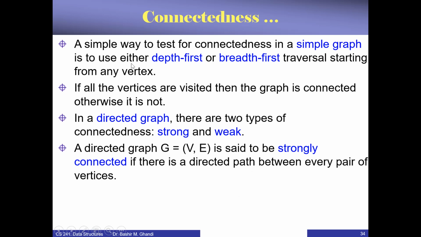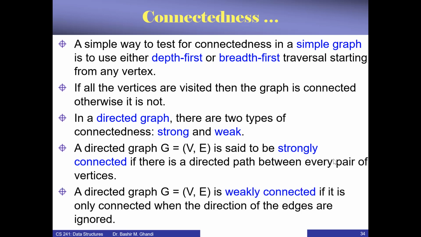So very similar to connectedness in a simple graph. If you start from any vertex, this time following the arrow, so that's what is meant by directed path. Directed path is a path in which you follow the arrow as it is drawn in the graph. So following the arrows, we can reach from any one vertex to any other vertex. Then the graph is said to be strongly connected.